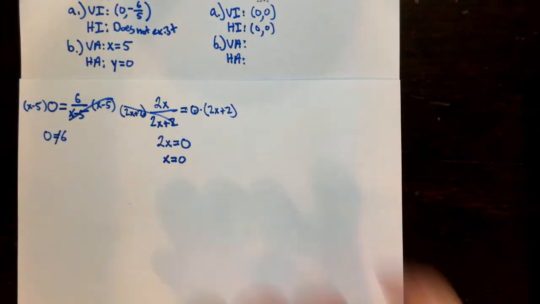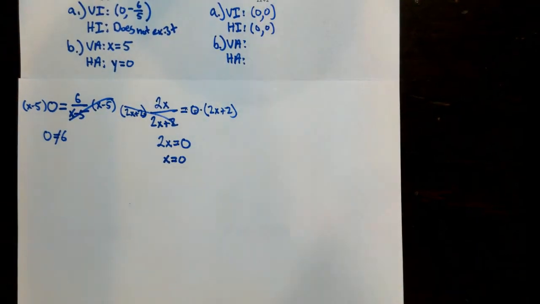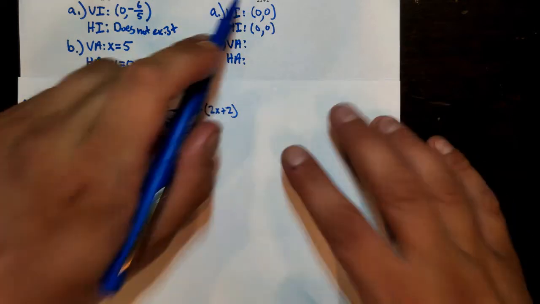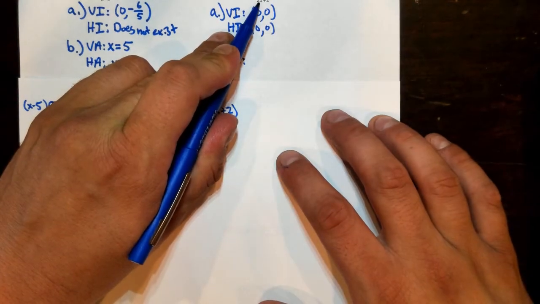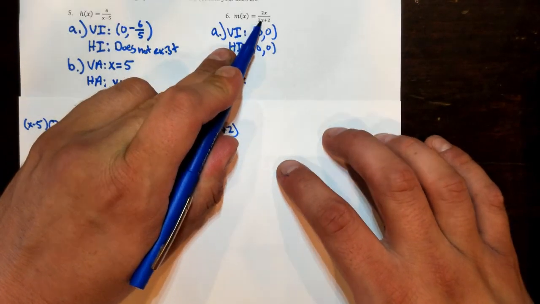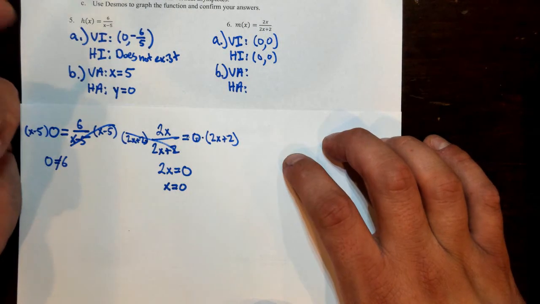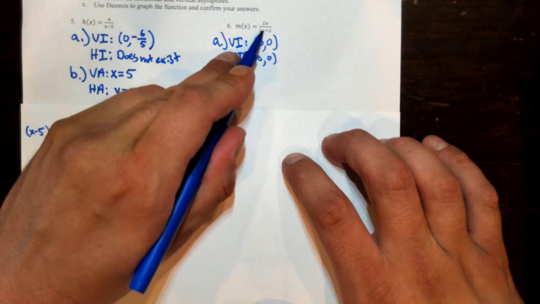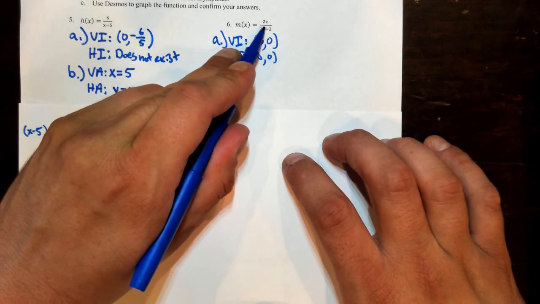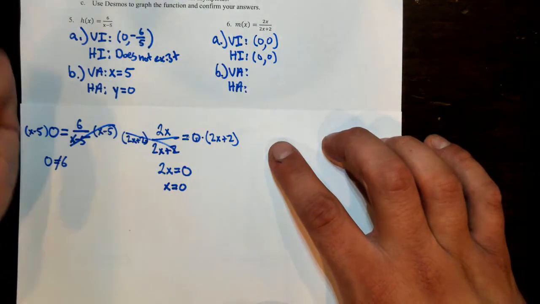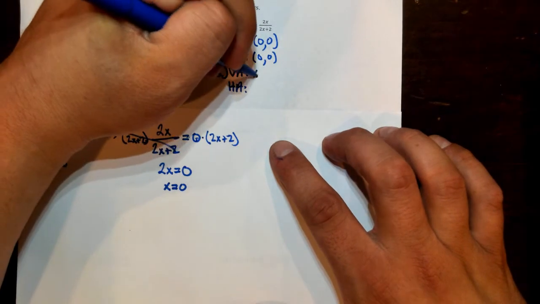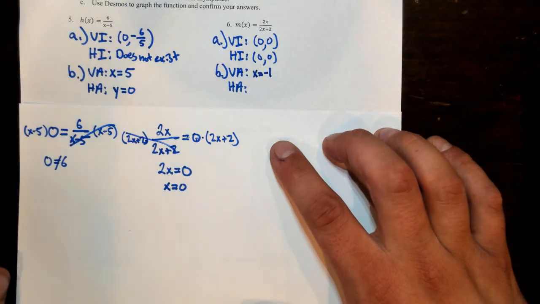That's the only one. All right. And then the vertical intercept, or sorry, I keep saying that. The vertical asymptote, it's where the bottom equals 0. So can you imagine if we were to plug in -1 here, then it would 0 out, right? 2 times -1 is -2, plus 2 is 0. So our vertical asymptote is x equals -1.